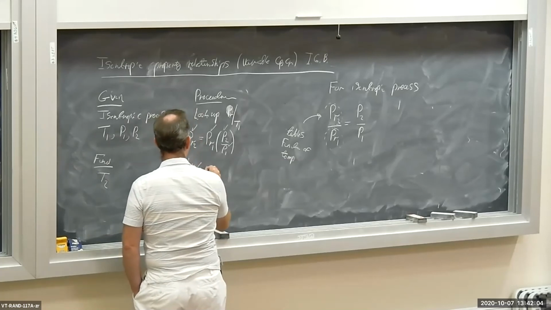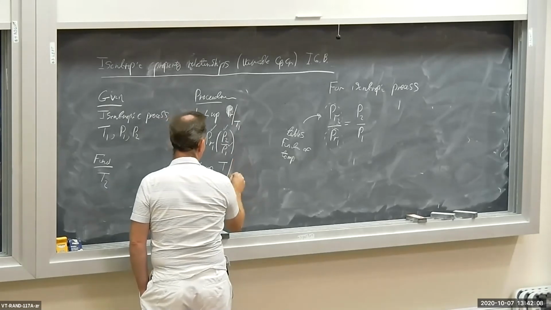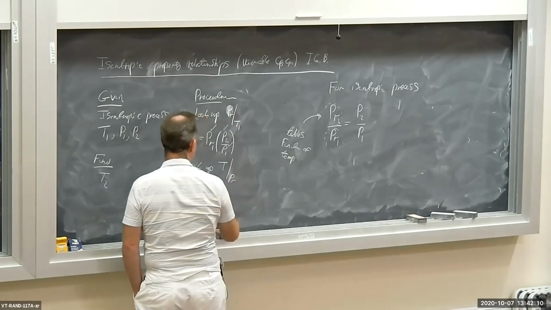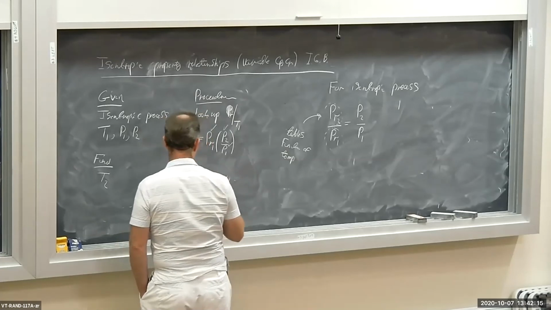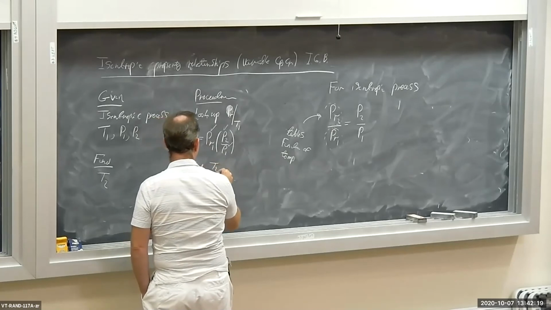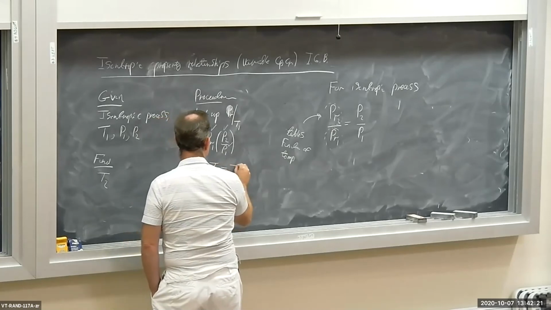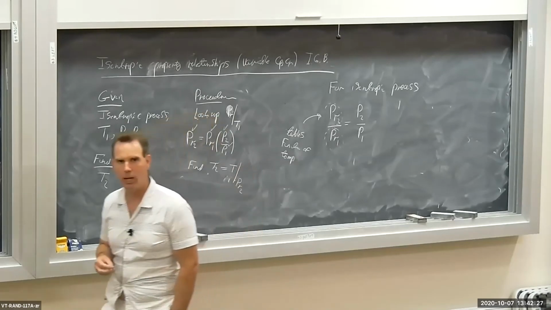Then look up the temperature to get T2: find the final temperature, which is equal to the temperature evaluated at PR2. And you would look this up from a table.